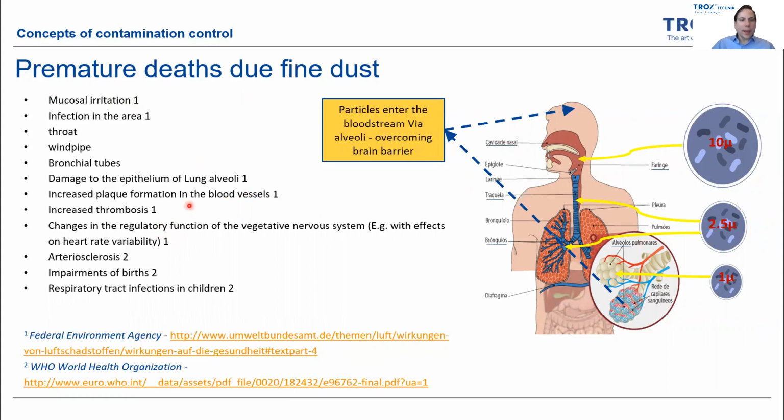It can increase the risk of thrombosis, it can generate arteriosclerosis, and impairment of birth. So we need to treat the air, and we have been doing it for a long time now.